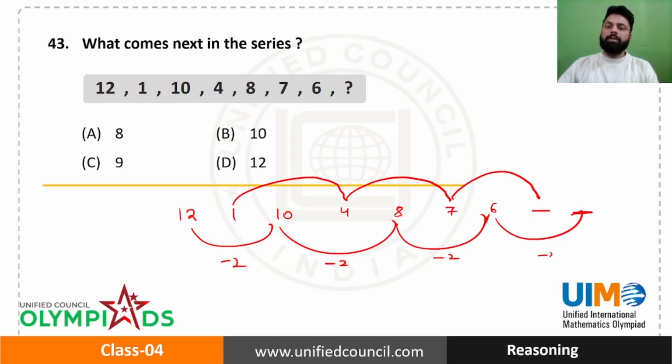Next number is 4. 1 plus 3, 4 plus 3, 7 plus 3, it has to be 10. So B option is the correct answer.